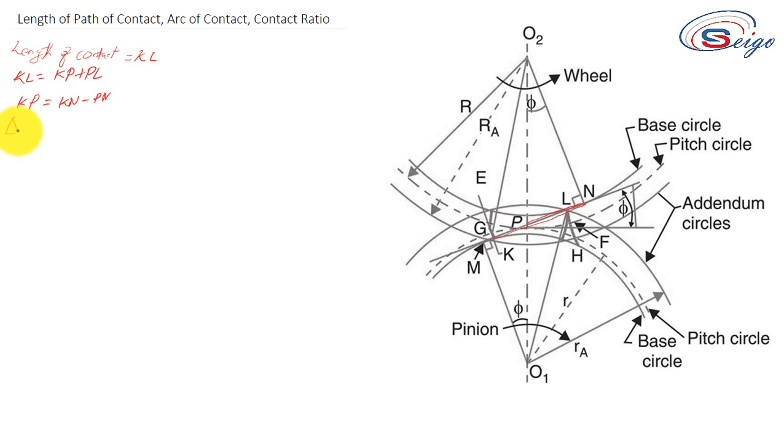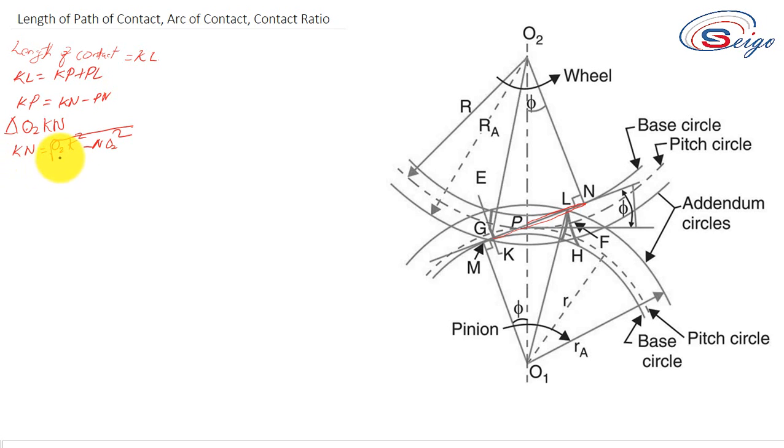From the triangle O2KN, which is a right triangle, KN is equal to the square root of O2K square minus NO2 square.